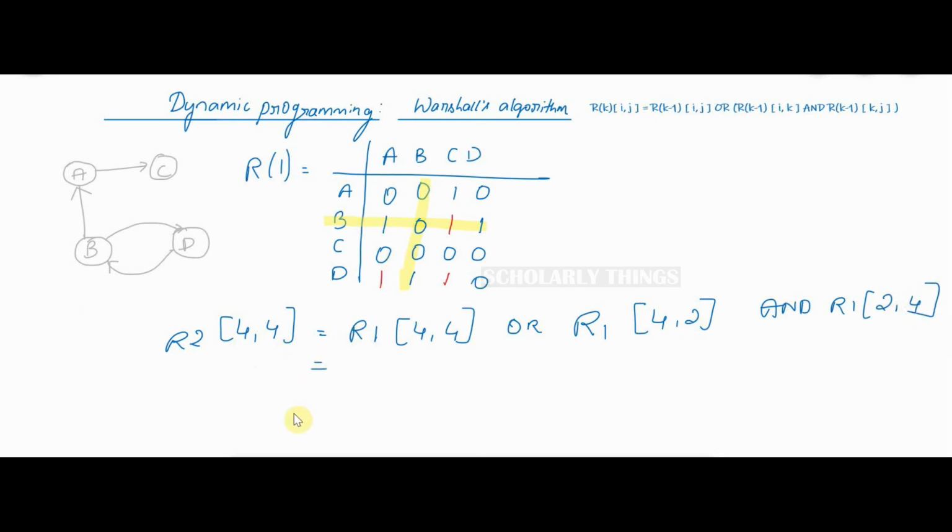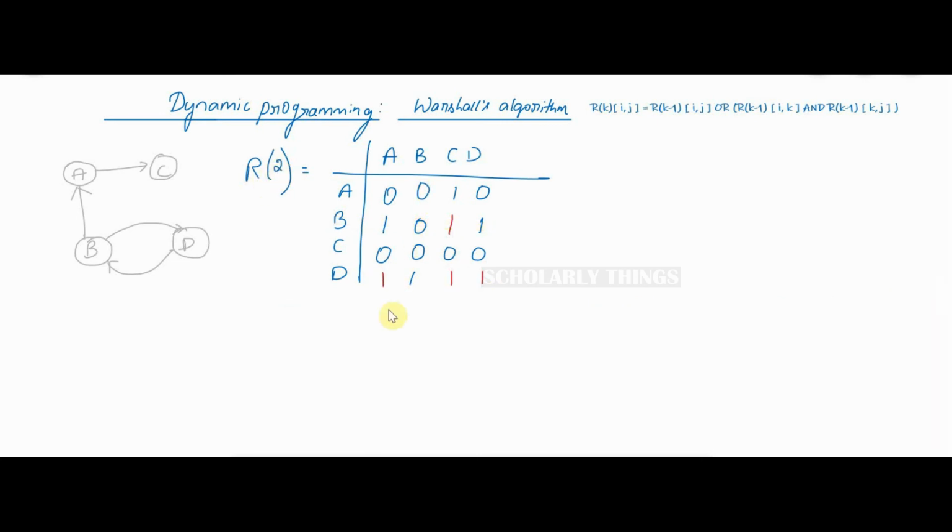R1 of 4 comma 4 is 0 or R1 of 4 comma 2 is 1 and R1 of 2 comma 4 is 1. 0 or 1 and 1 is 1. In R2, 4 comma 4 will be 1. So with vertex 2 as an intermediate vertex, we found out the new paths. The new matrix R2 looks like this. We got these three new paths.